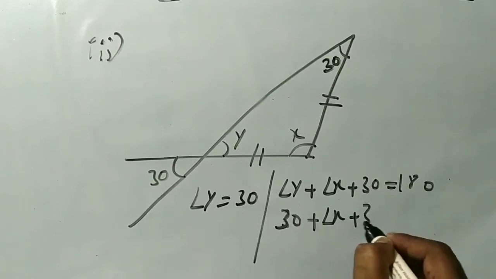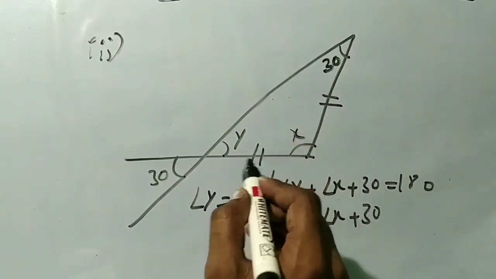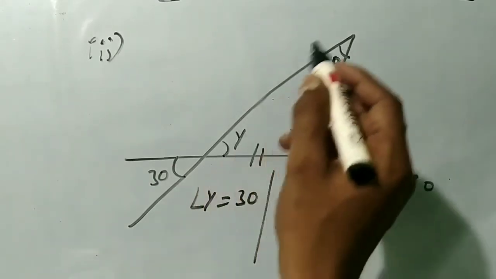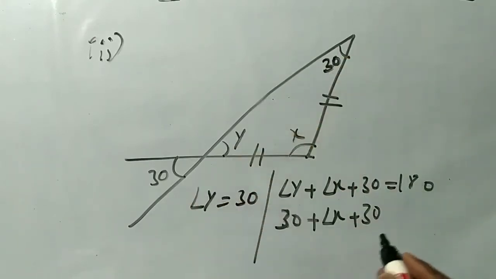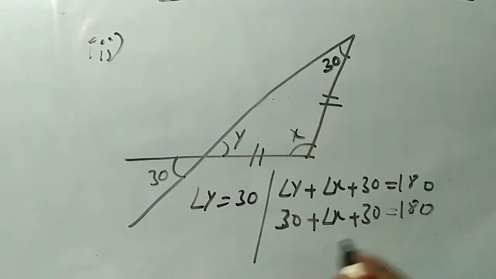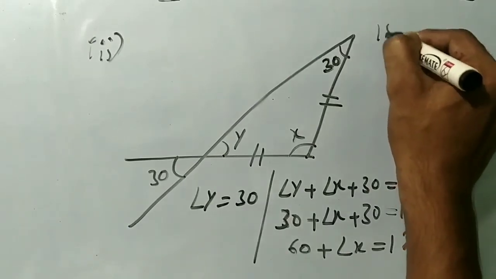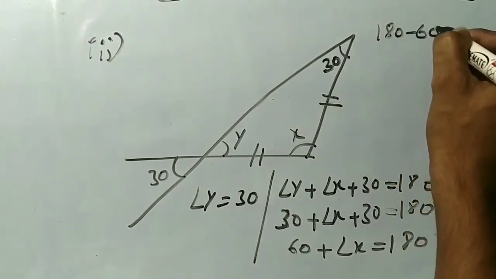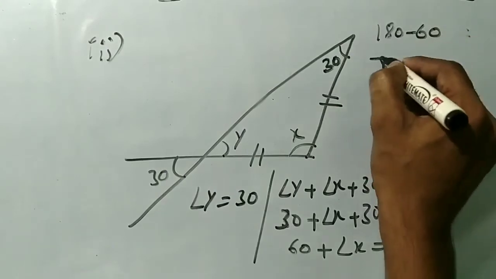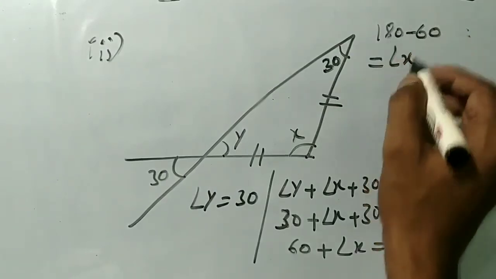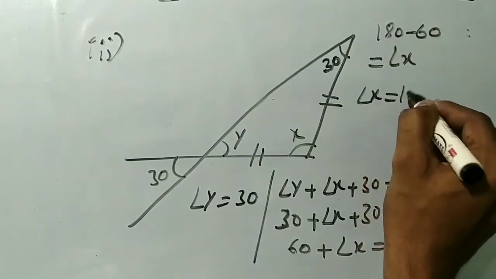When the two sides are equal, the respective two angles are the same. So 30 plus 30 is 60. That is 60 plus angle x is equal to 180. 180 minus 60 is equal to angle x. So angle x is equal to 120.